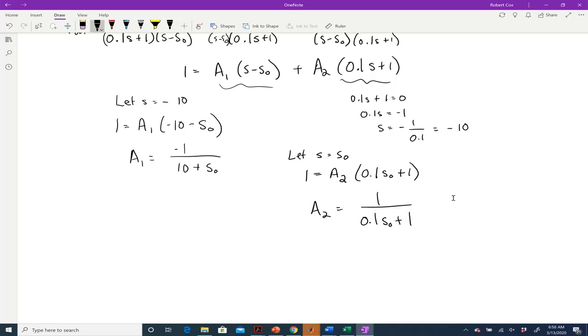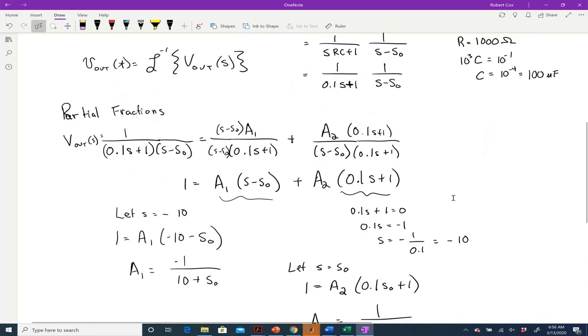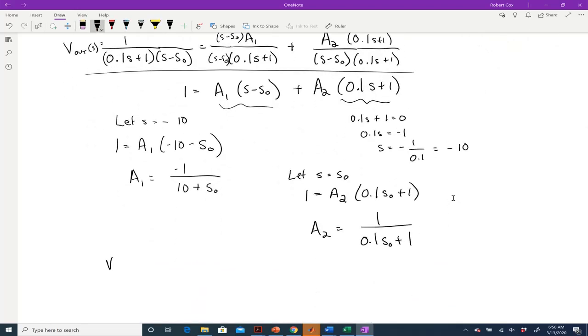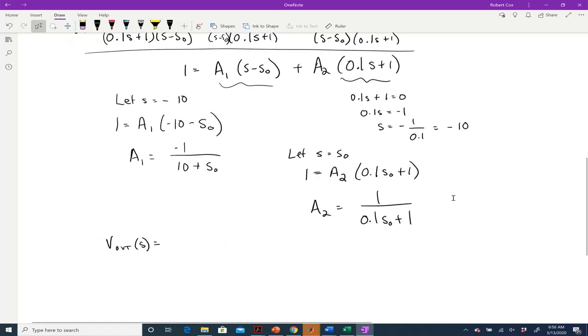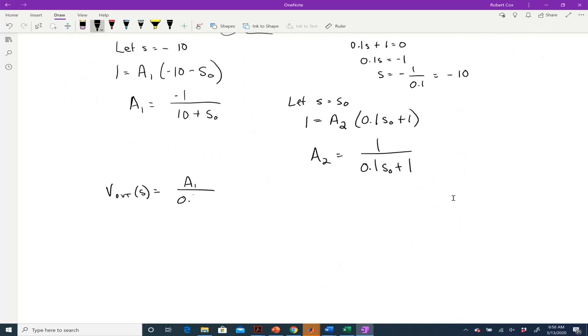Okay? So now I want to plug those back into the expression that I started out with up here. So I have V out of s now has to be equal to a1 over 0.1 s plus 1 plus a2 over s minus s naught.